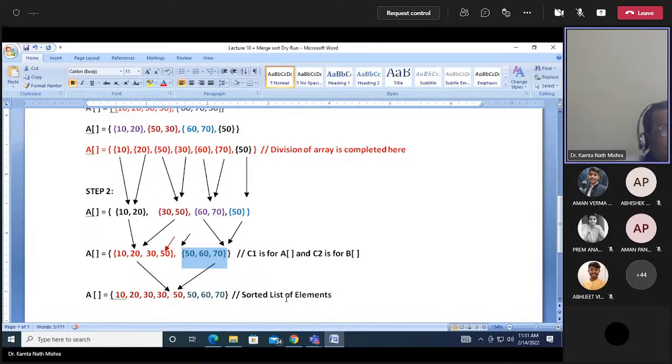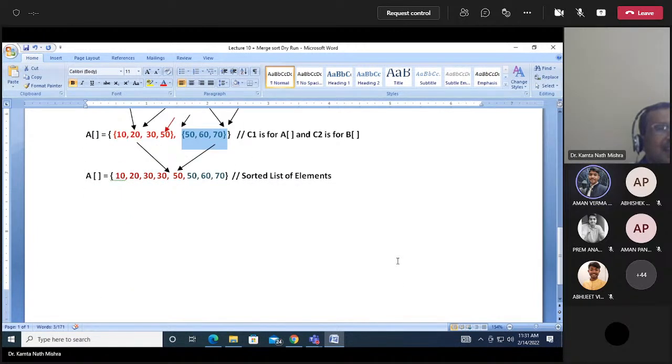B0 is 50, B1 is 60, and B2 is 70. You merge them together. So how will the comparison take place? Sir, each of the elements of the B array will be compared to the elements of the first array and then would be inserted.